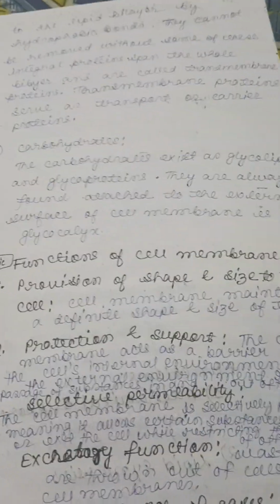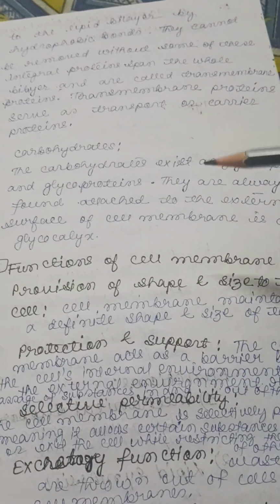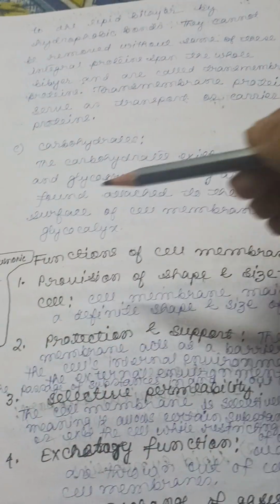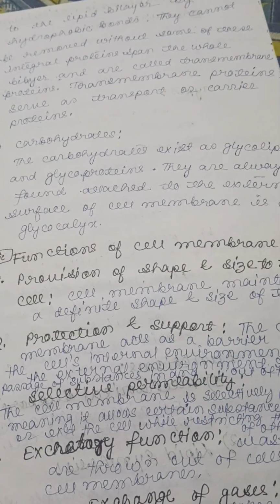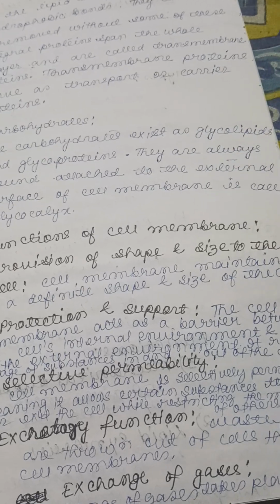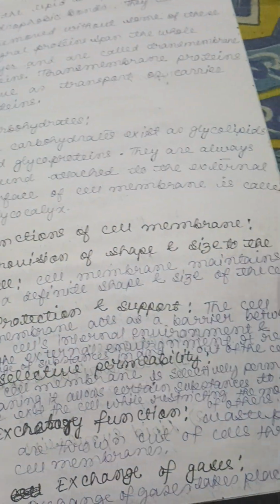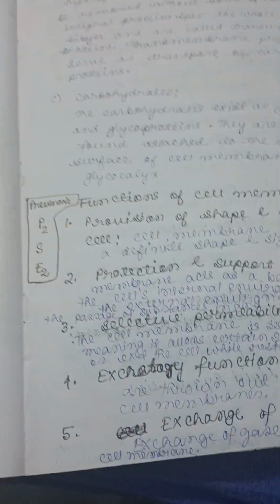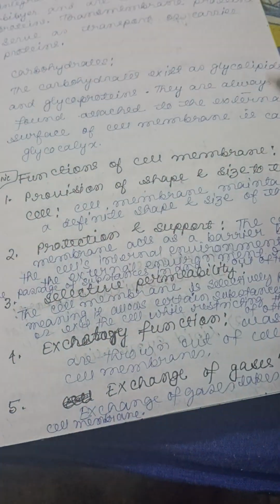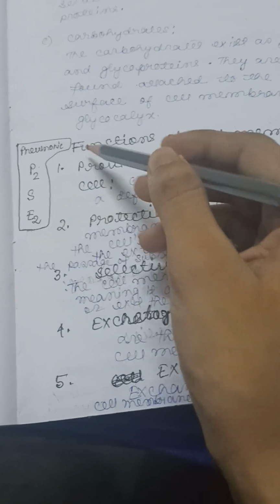Carbohydrates: the carbohydrates exist as glycolipids and glycoproteins. They are always found attached to the external surface of the membrane, called the glycocalyx. Now, the functions of the cell membrane. There is a mnemonic for the functions, that is P2SE2.